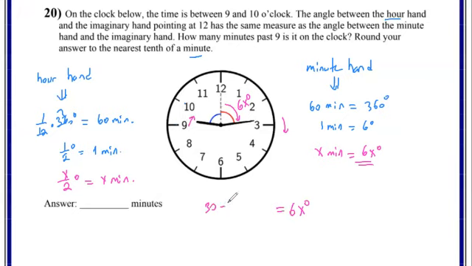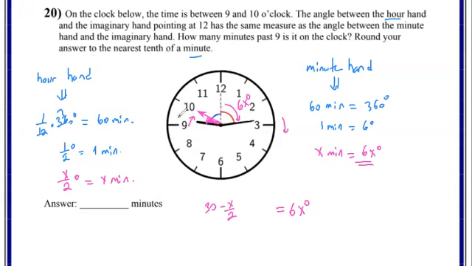So if I subtract x over 2 from 30, then I will actually get this measure right here, which has to be 30 degrees minus x over 2.